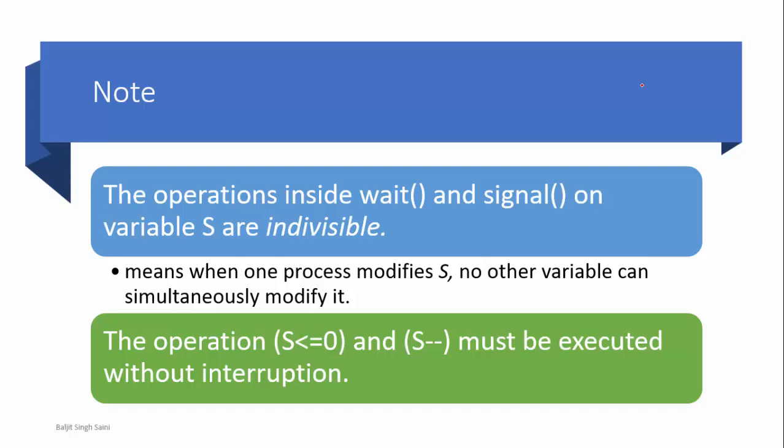The entire wait and signal will be taken as one single instruction. Even if there is an interrupt, that instruction will complete, then only some other process will be able to get the CPU. So this ensures that the operation of a process is not preempted in between while it is executing either wait or signal.